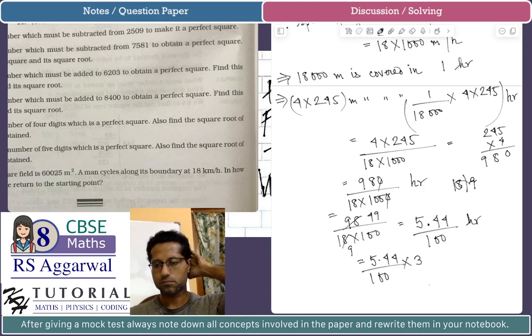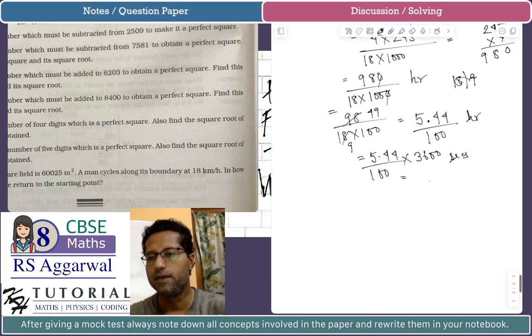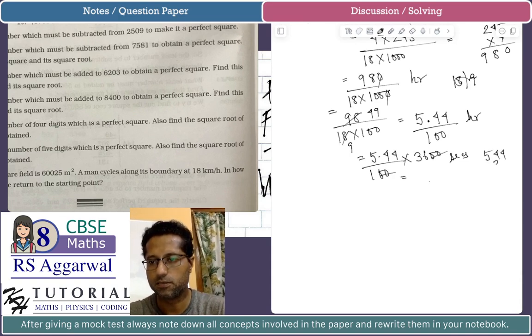So this will be 3600 this much seconds. 100 cancels out 2 zeros. So now this becomes 544 multiplied by 36.